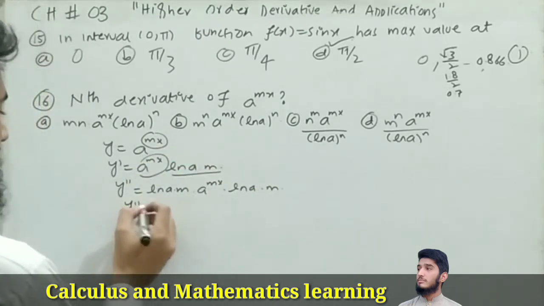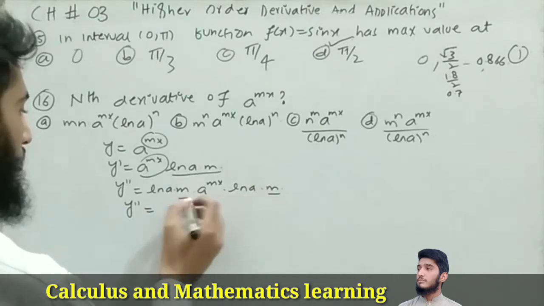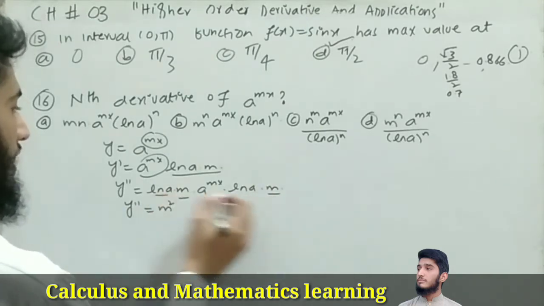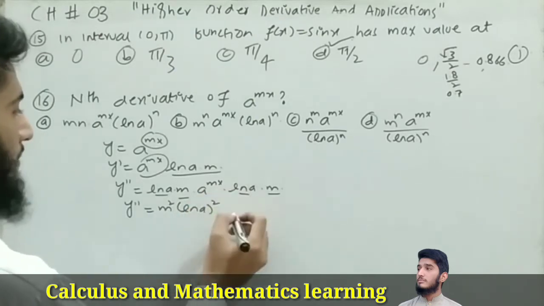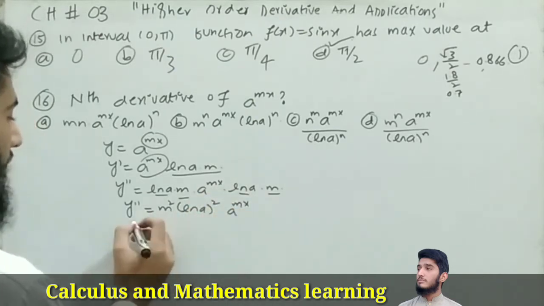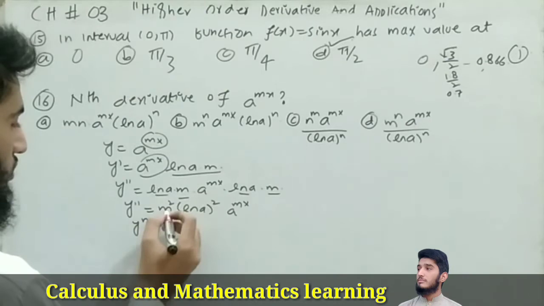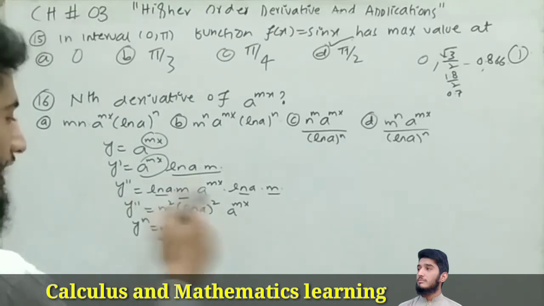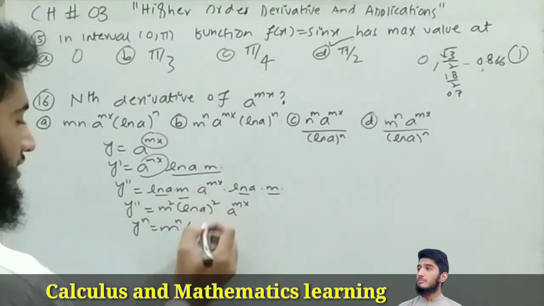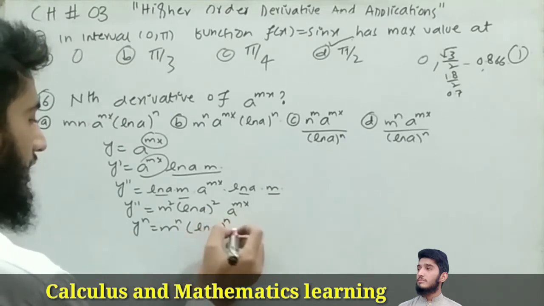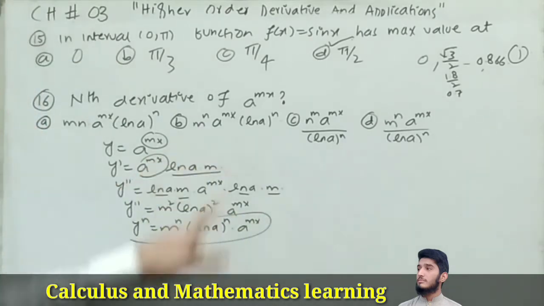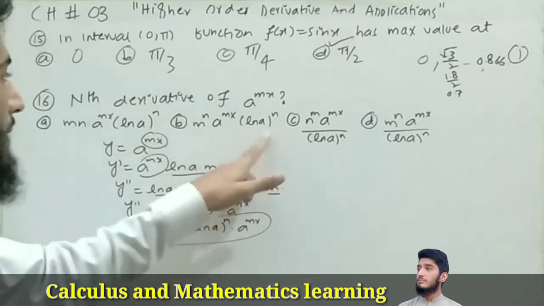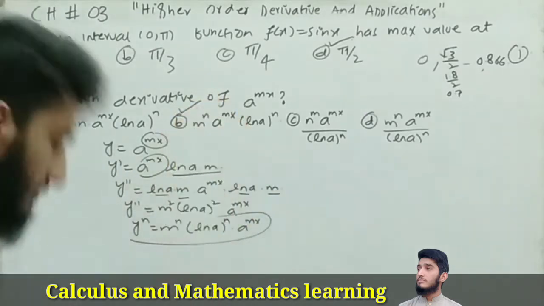So it can be written as m into m gives m square, ln a into ln a gives ln of a whole square, into a power mx. So the nth derivative is y power n equal to m power n, a power mx, and ln of a power n. So the correct option is option B.